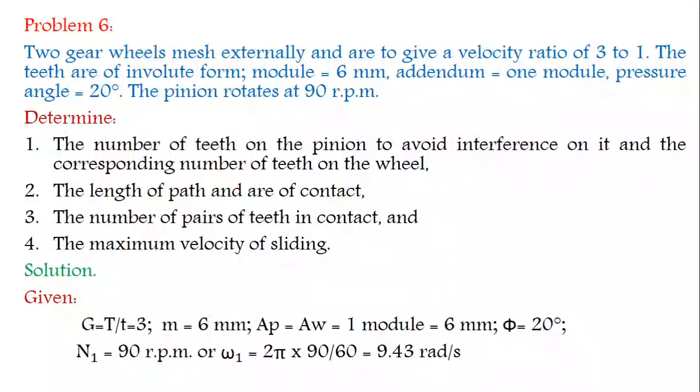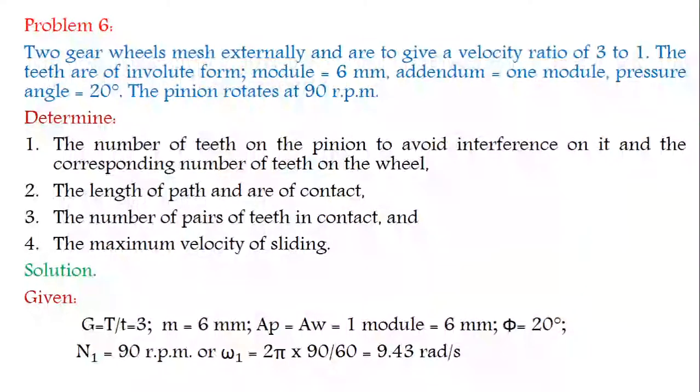Compared to the previous problem, in that problem they gave capital T and small t values and did not give the addendum value. For this problem they give the addendum value and do not give small t and capital T values. It is the same thing only; using that relation you have to find small t and capital T.